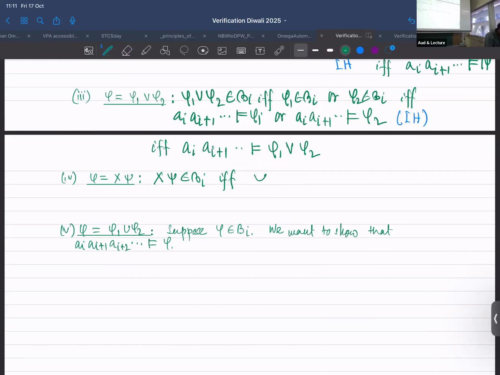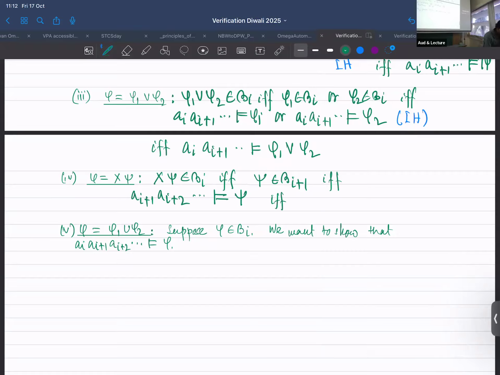So if and only if psi belongs to beta I plus 1, because this is a run. We have already said that this is a run, and the run will allow you something like x of psi: you go to the next state, which should have psi, by the construction of the automaton. So psi belongs to beta I plus 1, and if and only if, by the structural induction, the induction hypothesis, a_{i+1}, a_{i+2} satisfies psi.